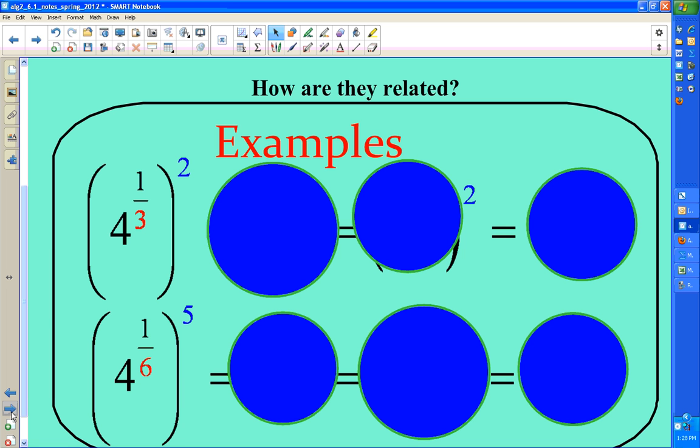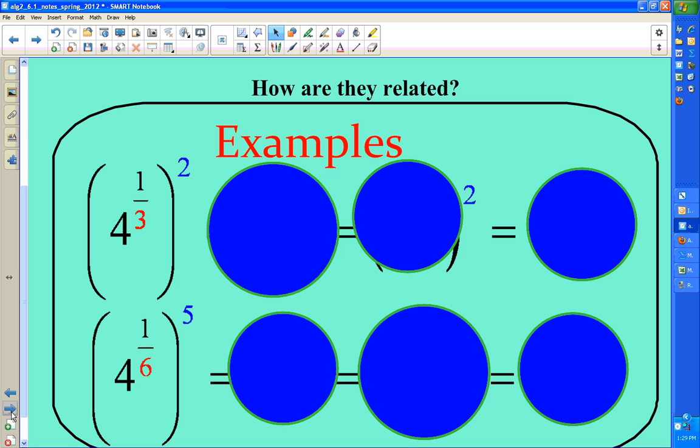What do you do with these 2 powers based on what we've learned already? You multiply them, and what will that give you? Not even 9. We're multiplying the exponents. What power is on the 4 right here?